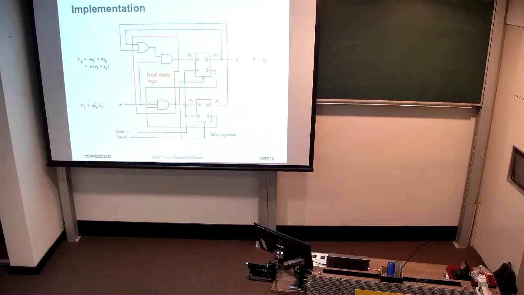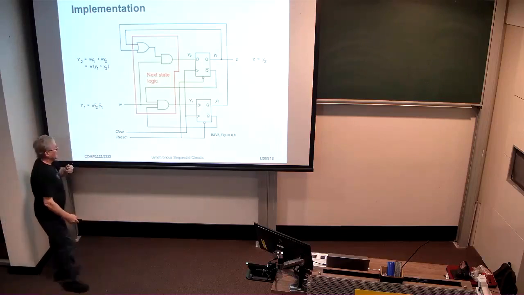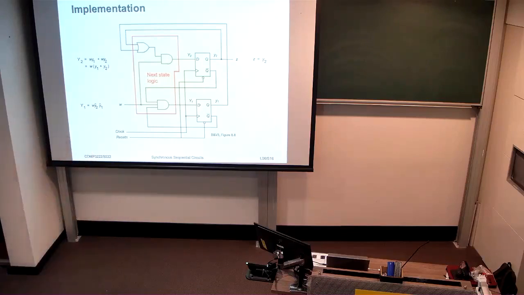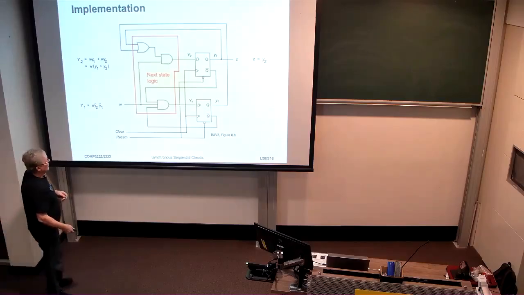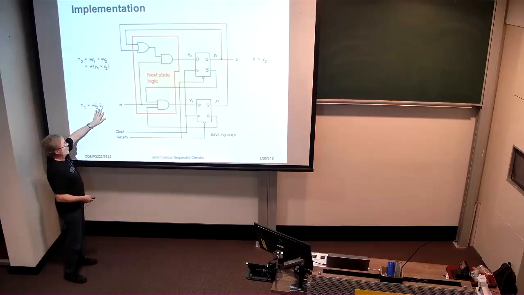So the circuit that results is as depicted here. We have here our 2 state variables given by the flip-flops, Y1 and Y2. We know that the expression for Y1 is W and not Y2 and not Y1.